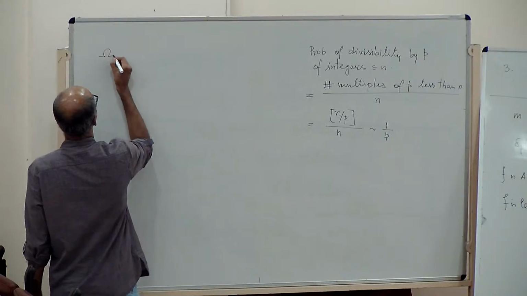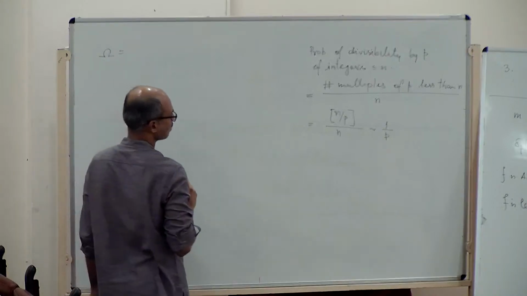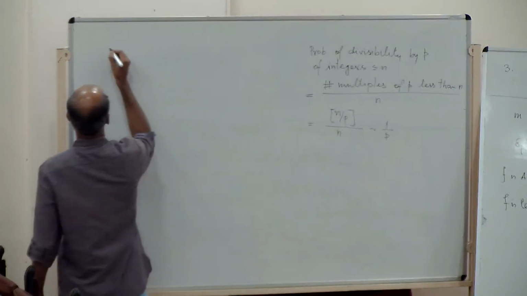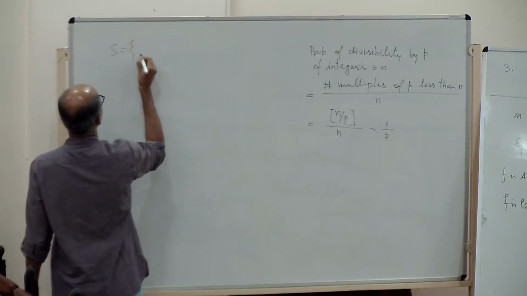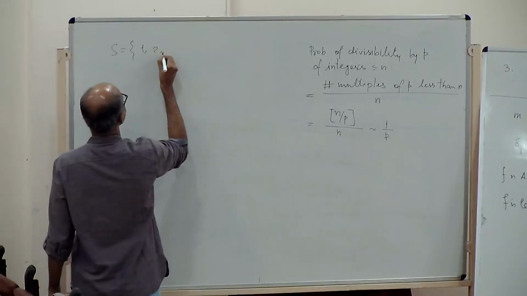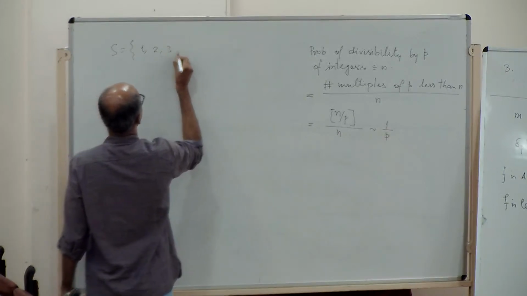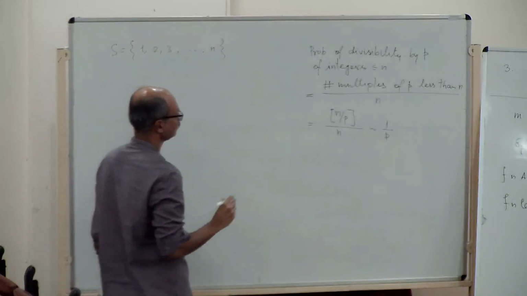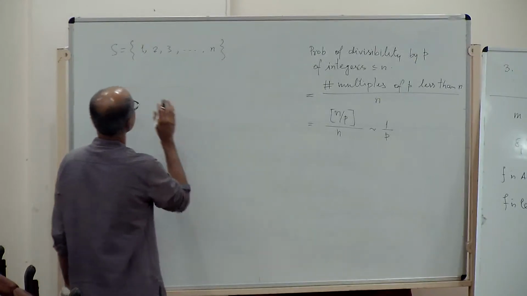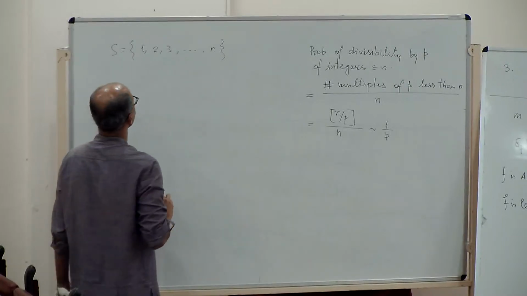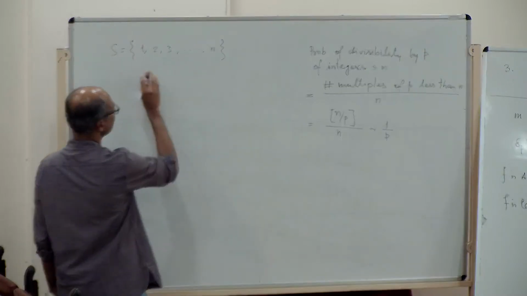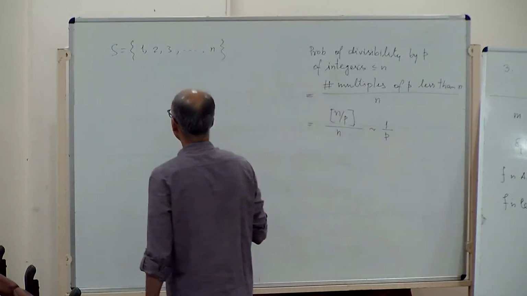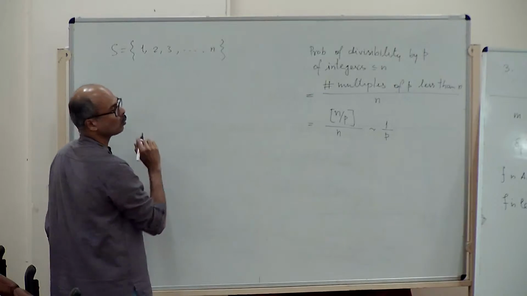So, let's consider this. Oh, I have already used this notation. Let's say S. Yeah. So, these are integers up to n. So, that is our probability space, and probability is the uniform probability. So, every integer has probability 1 over n.